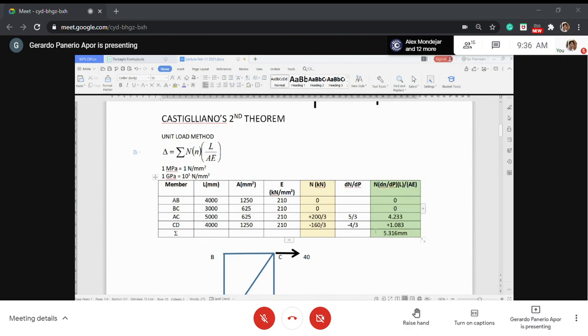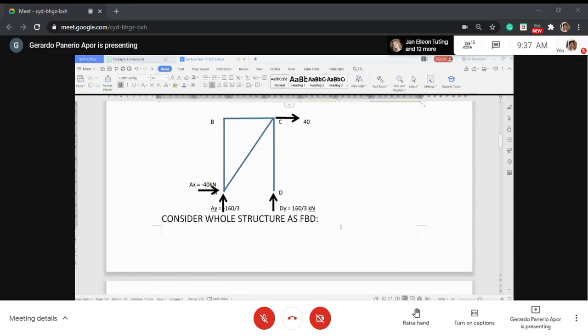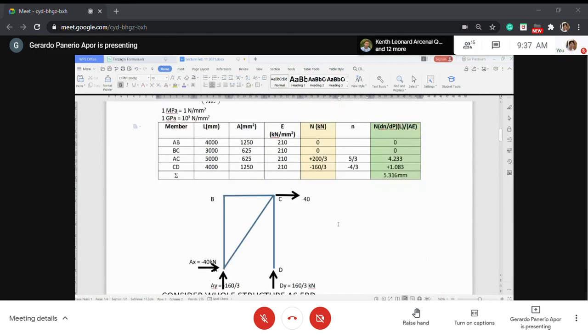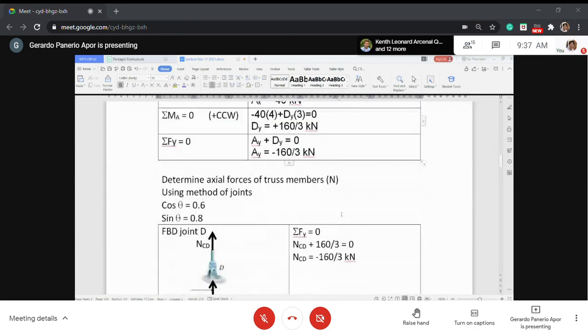Okay. So we still need the n, but this one instead of being dP, the derivative of n with respect to dP, we are not going to derive anymore, no? So meaning, we have no hassle with calculus, but we have the small letter n. For this small letter n, instead of applying P, what you will use is 1. No? 1.